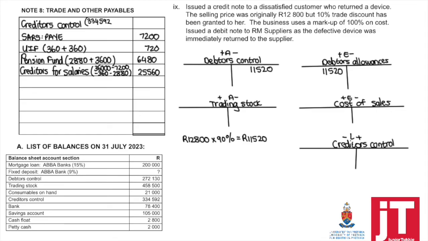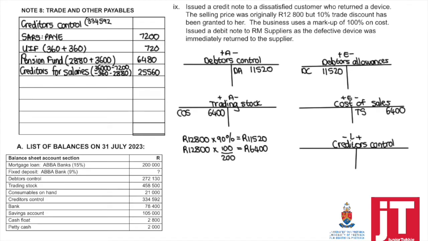To show the cost, the cost is calculated on the original selling price. Be careful with this, which means 12,800 times 100, because the markup was 100, divided by 200. Trading stock will be debited because we got it back. My cost of sales will be credited.